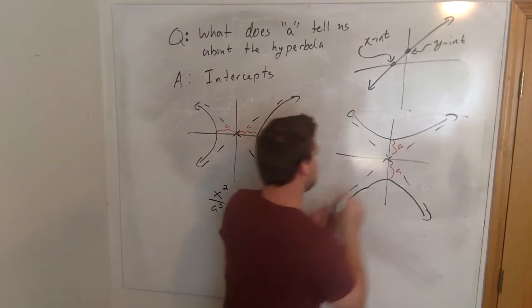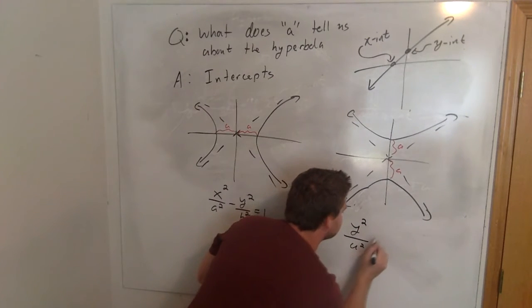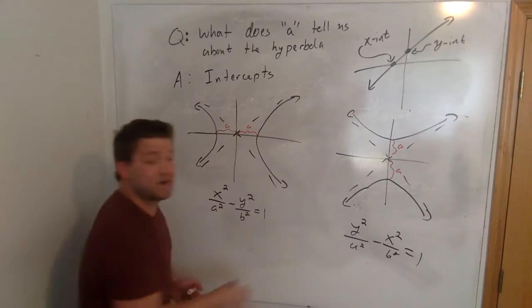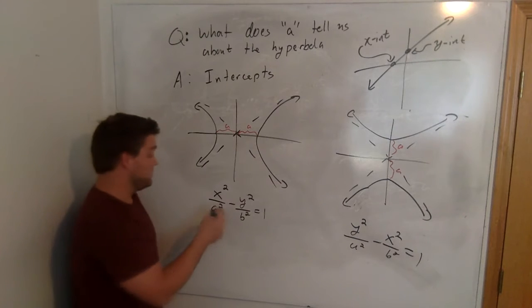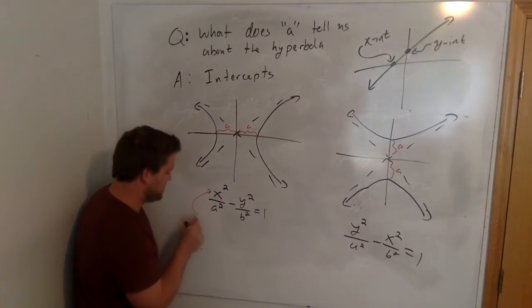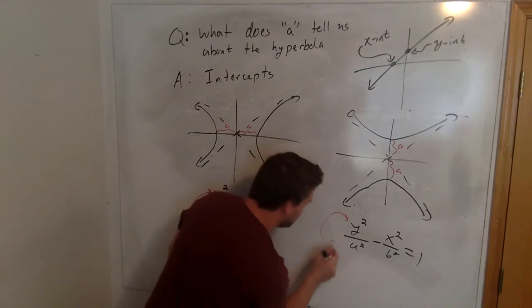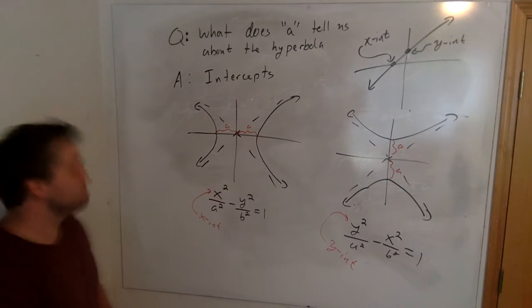From here to here is a. This one is y squared over a squared minus x squared over b squared equal to 1. This one has y-intercepts. So you're always looking for the one that doesn't have the minus in front of it. This one has x-intercepts. This one has y-intercepts. And that's how I can tell the orientation.